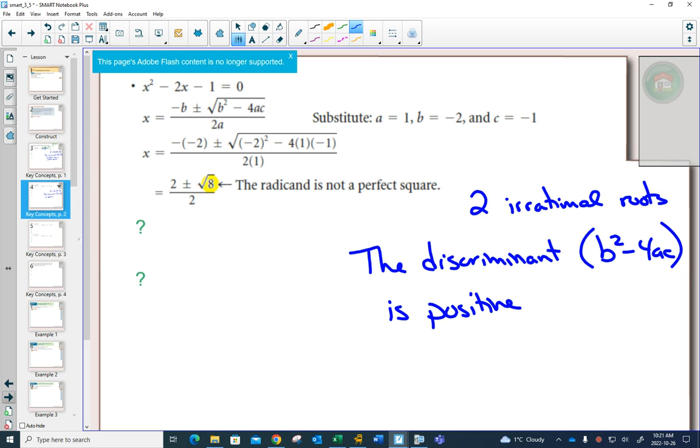So this idea of it being positive tells us the number of roots is two. Irrational or rational, in this case, it's not a perfect square. Last time it was a perfect square, this time it's not a perfect square. You still get two roots. One of them was two rational roots, this one two irrational roots.